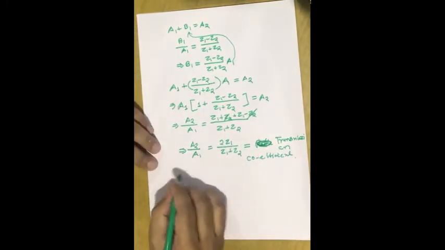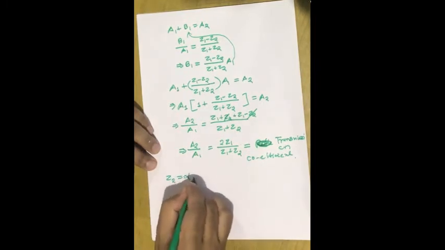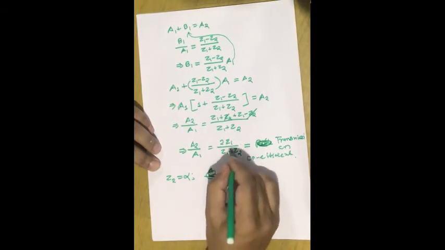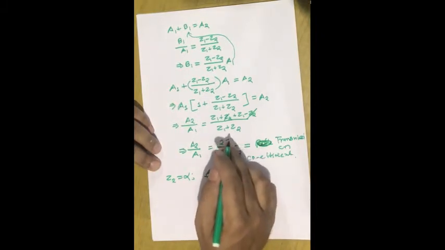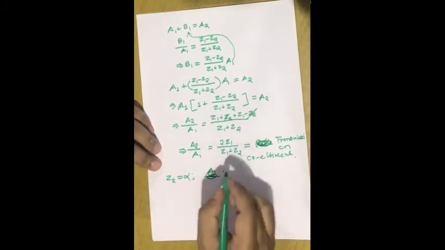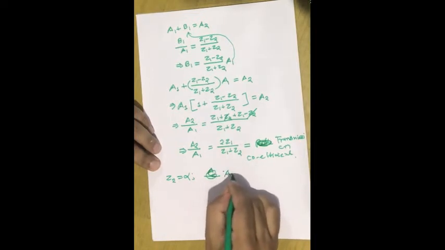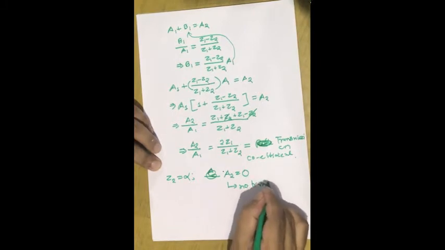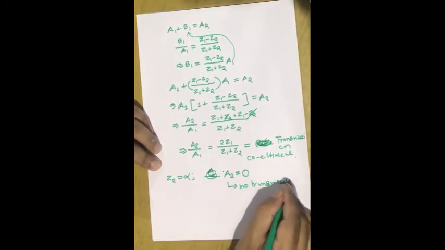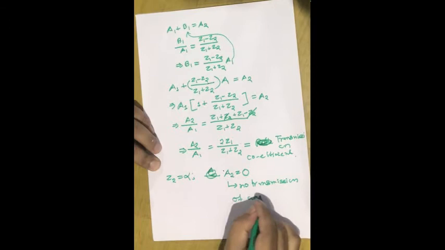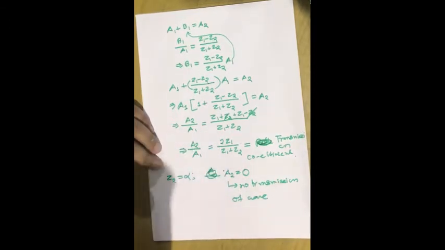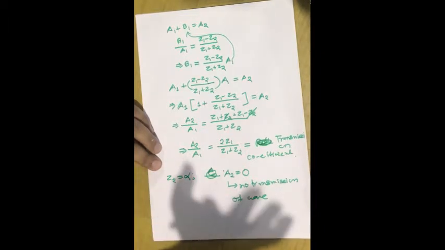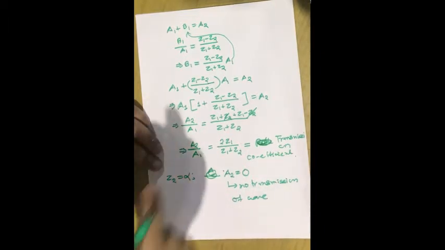Now consider the case when Z2 is equal to infinity. When Z2 is equal to infinity, as we can see, something divided by infinity will give us 0. Therefore, A2 will be equal to 0. There is no transmission of wave, as one expected, because the impedance of the second part of the medium, which we used to fix the other end of the string, is now infinity.